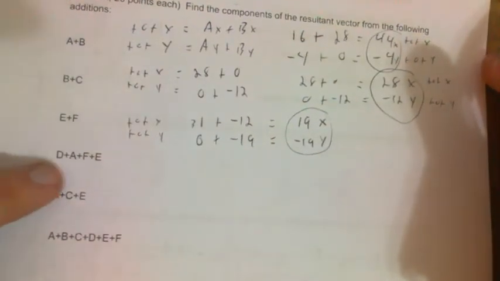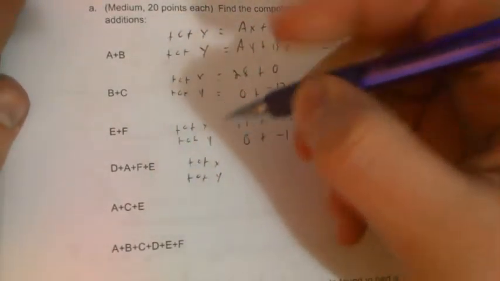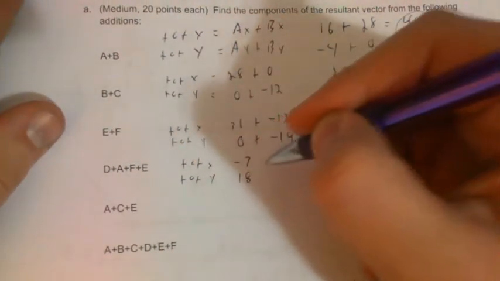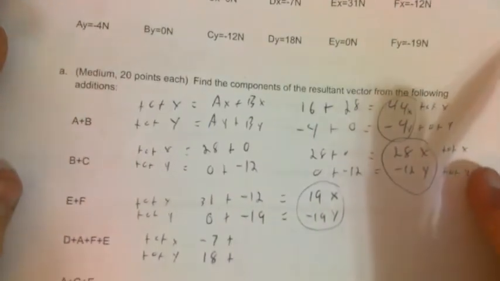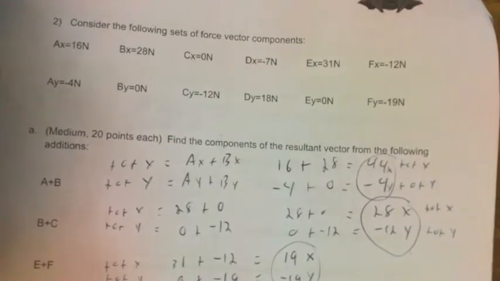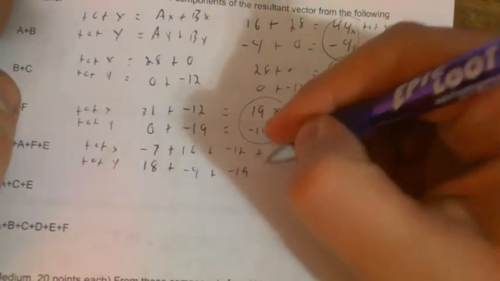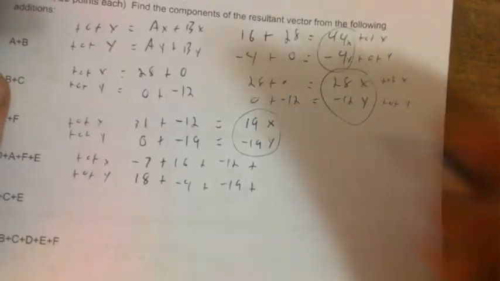All right, D plus A plus F plus E. So all we got to do again is add up the totals. So we have total in x and we have total in y. D's x component is -7. D's y component is 18. A's x component, if we go back, is 16. Its y component is -4. F is -12 and -19. And then we have E, which is going to be positive 31 and 0.